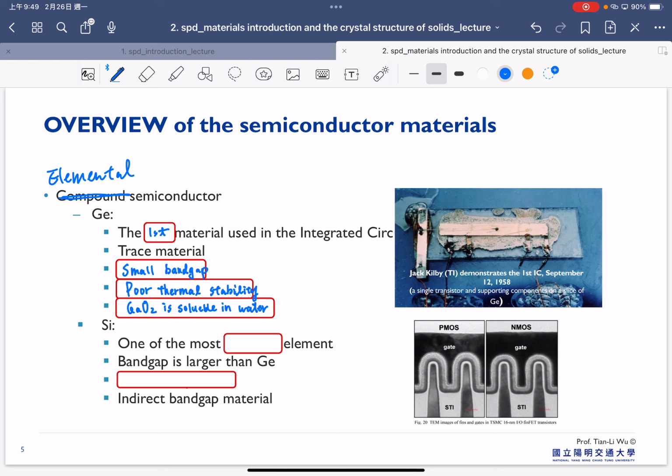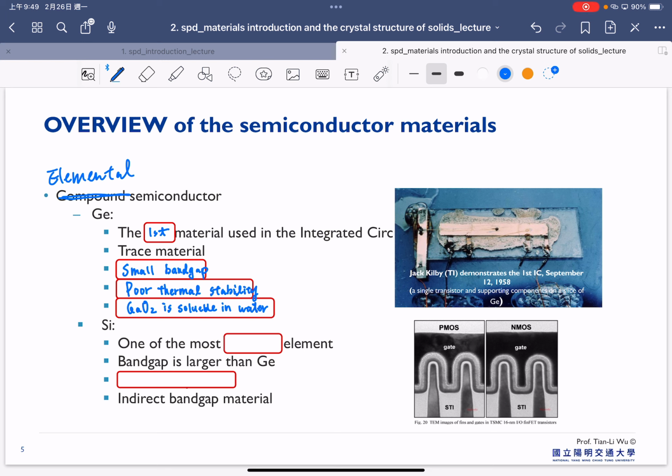For the success of the MOSFET, one of the key features is that we need a very stable dielectric, and silicon dioxide is a very stable material.